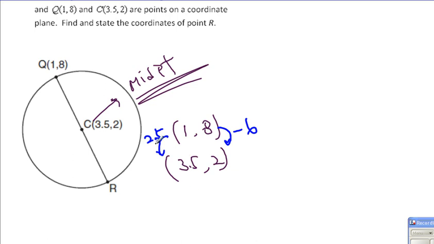Then our next point must be adding 2.5 once again, so we get 6 when you add 2.5, and when you subtract 6 from here, we end up getting negative 4. So that becomes our answer.